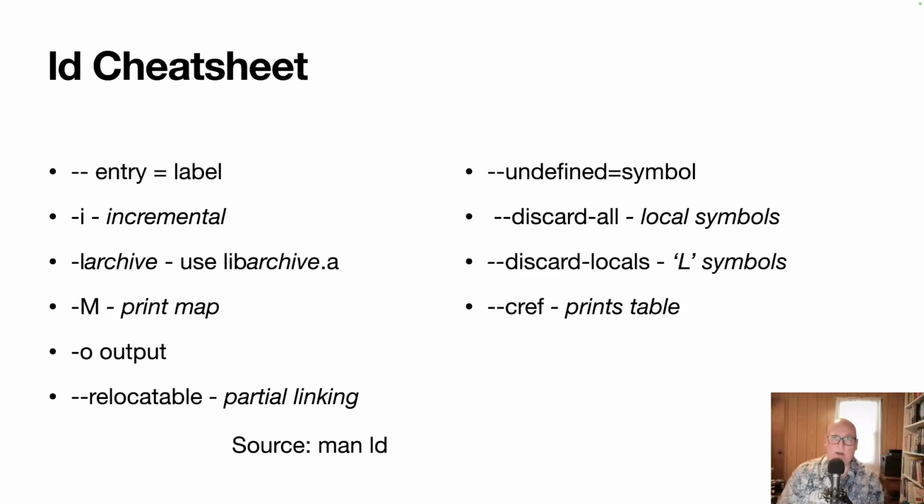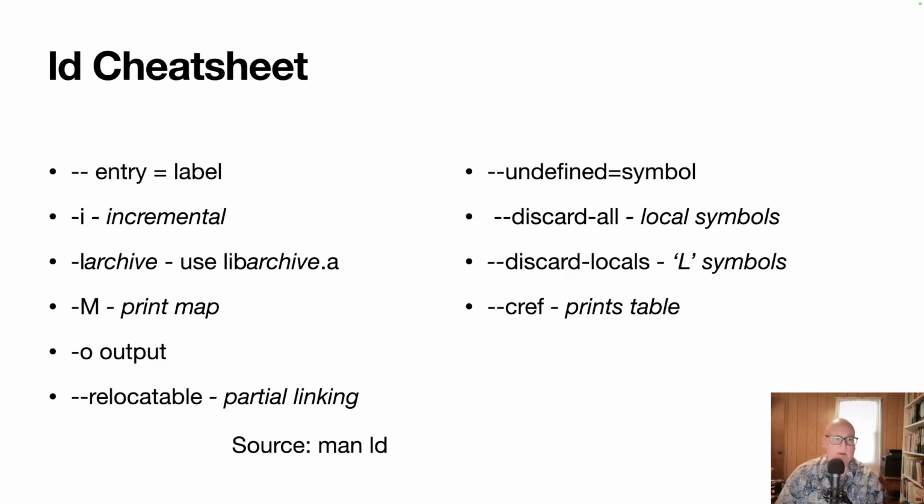Then I also caught the LD parameters that you might send to the linker. So entry gives the entry point. Incremental links it, but doesn't need to fully do it. It builds a file you can keep linking with. larchive, if you say like -l and then c, you get libc.a.